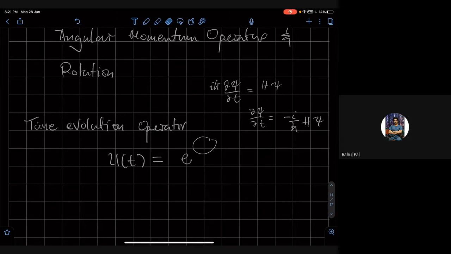It was minus i h bar something, but I completely forgot. Upstairs, in the power. H bar something. What is that something?